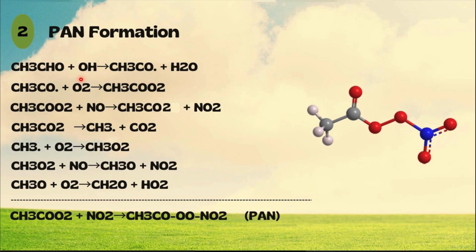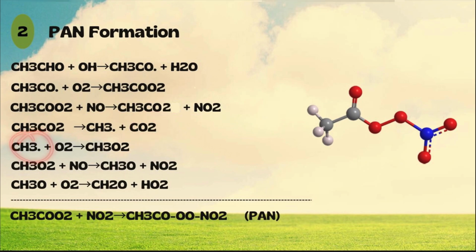This acetyl radical in the presence of oxygen forms the peroxyacetyl radical. The peroxyacetyl radical then can react with nitric oxide to form nitrogen dioxide. Now this product formed then further decomposes into methyl radical plus carbon dioxide.